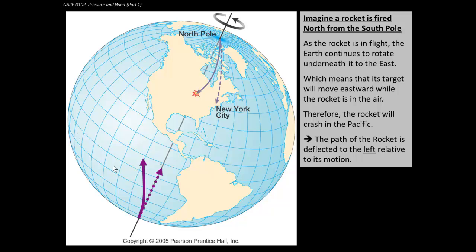That's the Coriolis force. So it's a little bit of a weird concept. Everything in the northern hemisphere is deflected to the right. Everything in the southern hemisphere is deflected to the left.